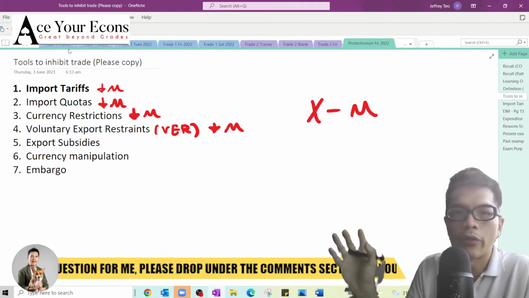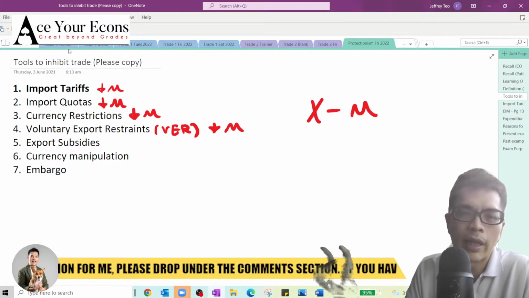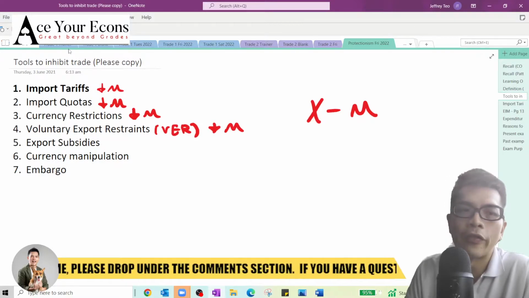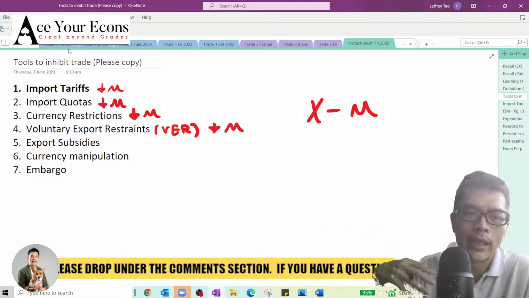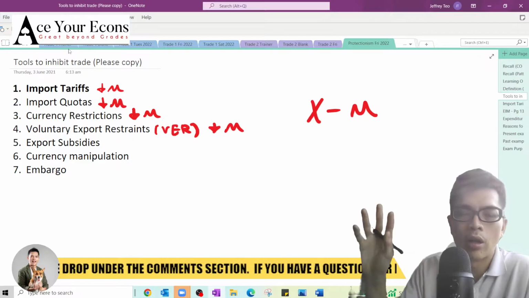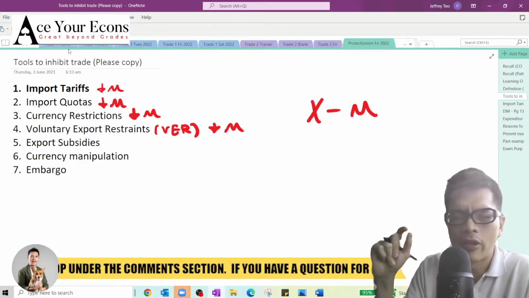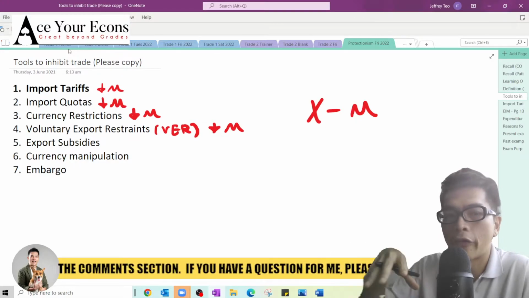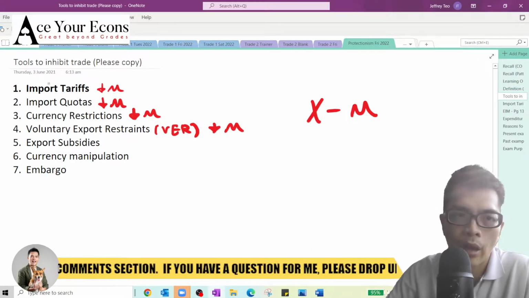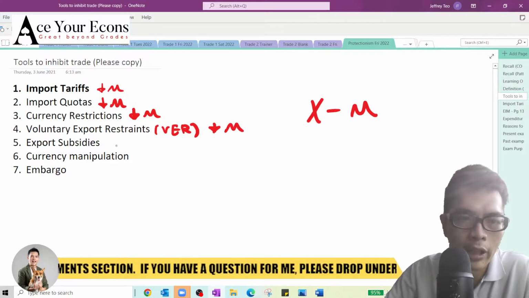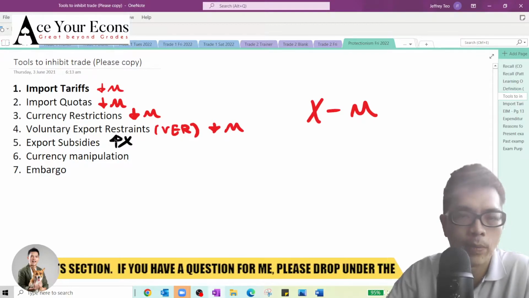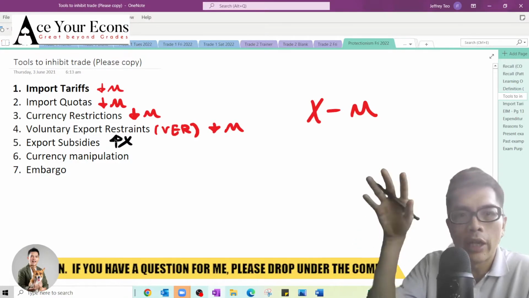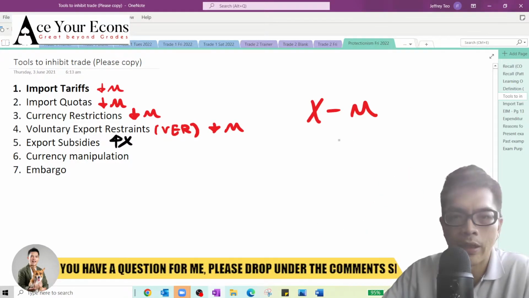What happens when foreign competitors receive illegal subsidies from their government, and they flood the domestic market with cheap imports? On the flip side, the domestic government can also subsidize domestic exports and flood other countries. So export subsidies primarily target raising your exports. Remember, whatever we discuss here is used to maximize the value of X minus M.